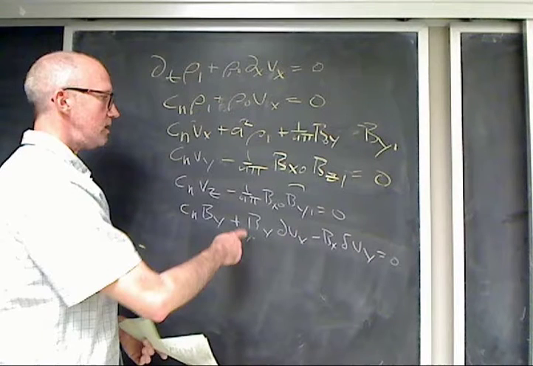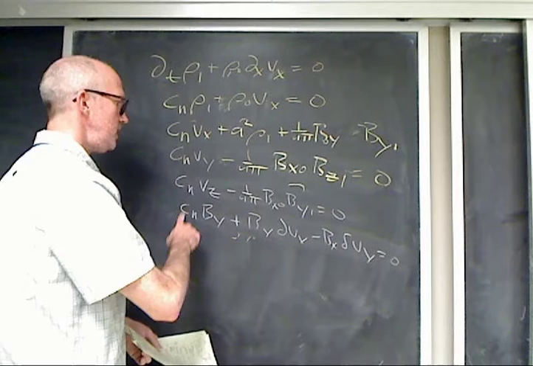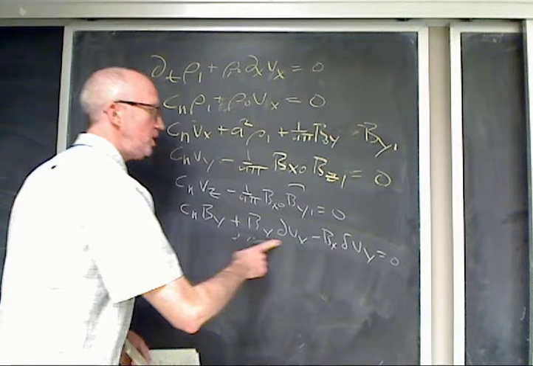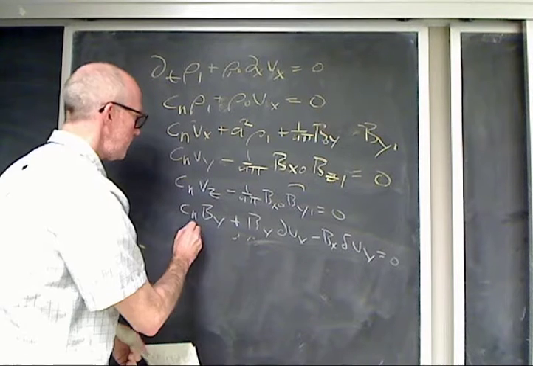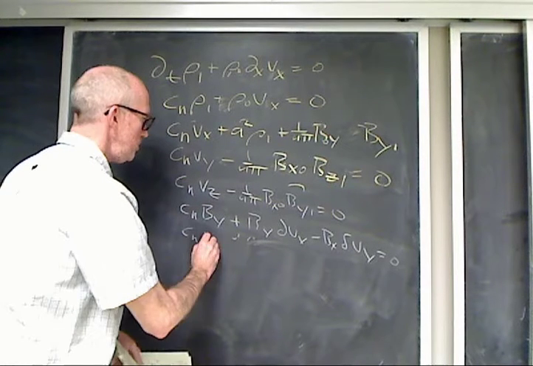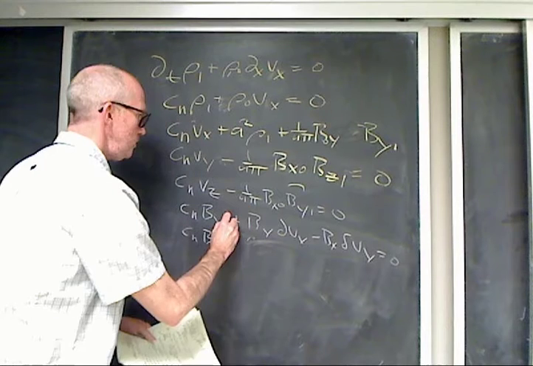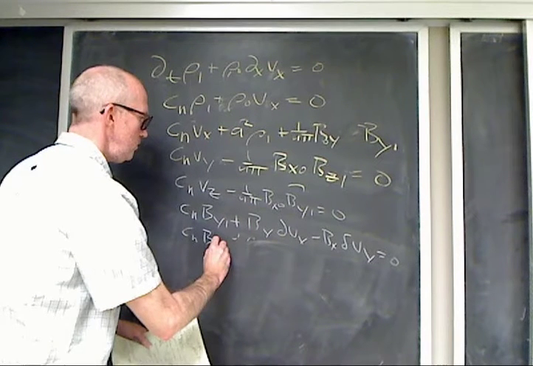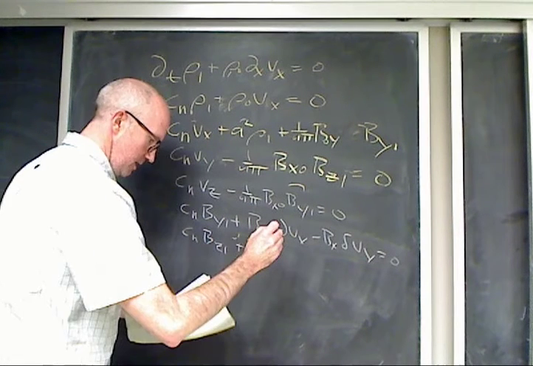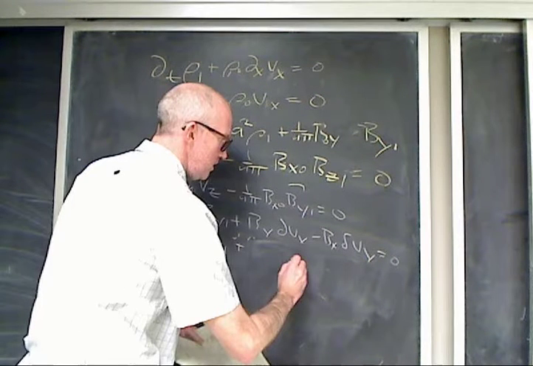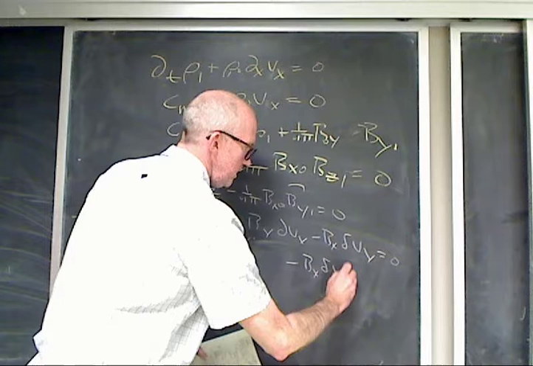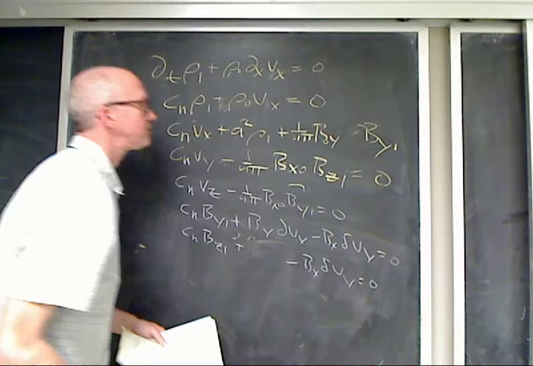This is the induction equation, so this is just dB/dt equals V cross B. And then I get another term, CnBz1, plus, that term goes away, and then I'm left with minus Bx delta Vy equals 0.